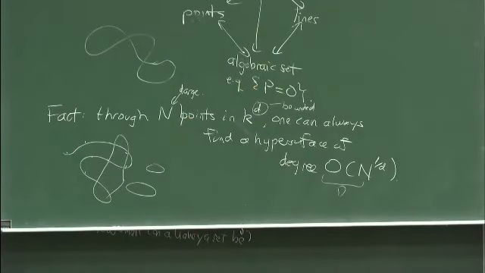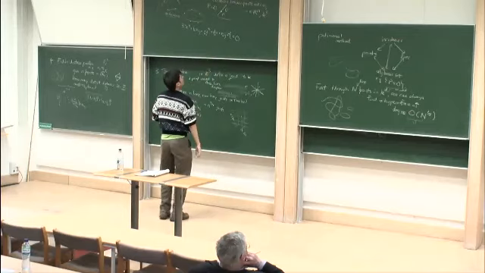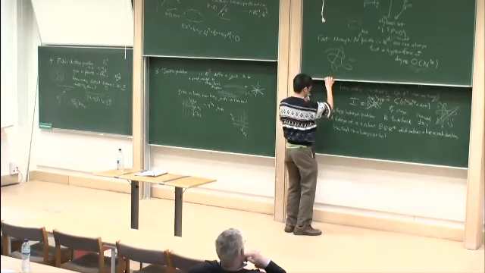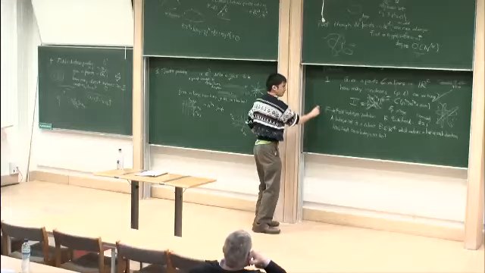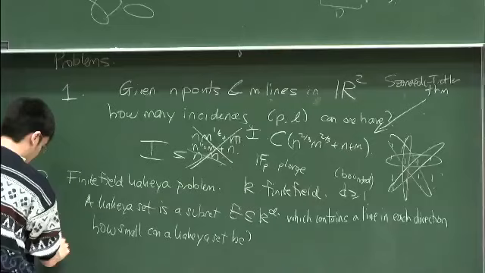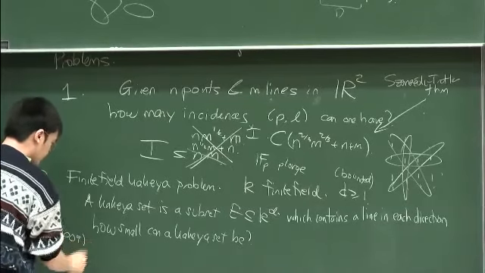So let me give you an example of how this works. So what happened to my Kakeya problem? Here it is. Yeah, so this problem has essentially been solved now from the work of Dvir from a few years back.